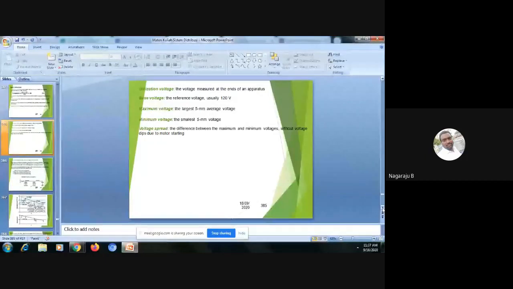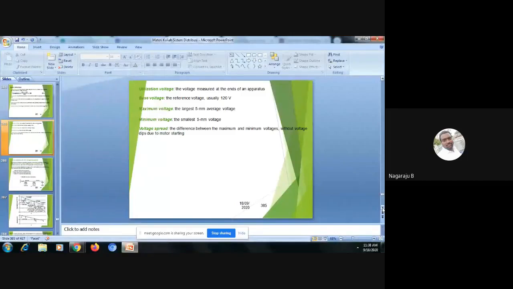Maximum voltage is nothing but the peak level. When you see the graph representation of this voltage, the largest 5 minute average voltage is nothing but two peaks. At the edge you have one, and within 5 minutes you can draw another two values.